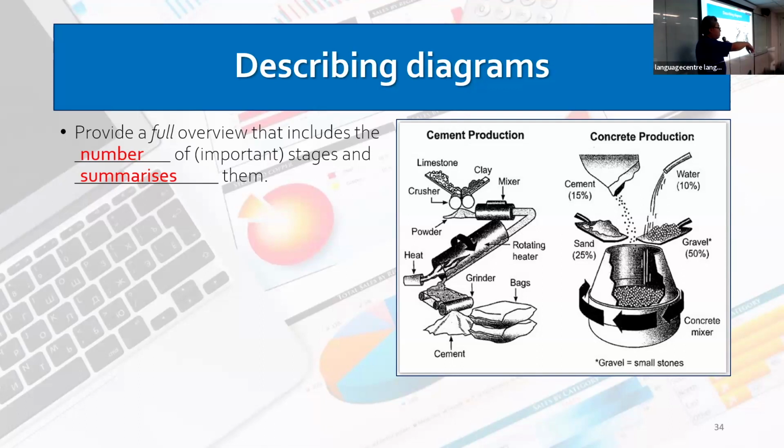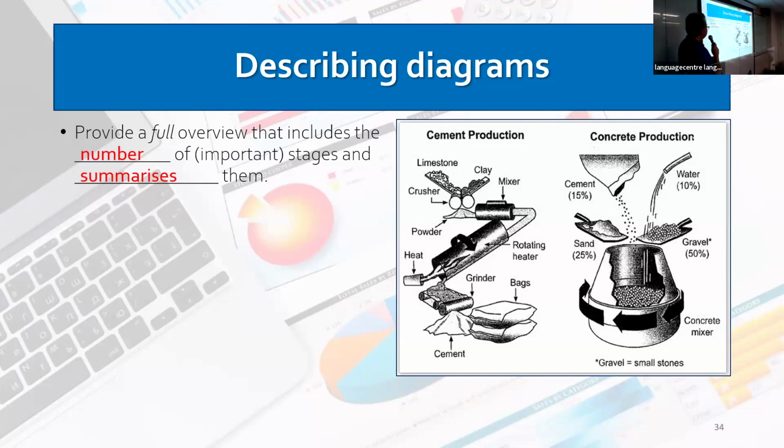The examiner also recommends candidates not just to tell readers the number of stages, but also to name the stages. So your overview should be something like this: 7 stages involved in the process of blah blah blah: A, B, C, D, and E.